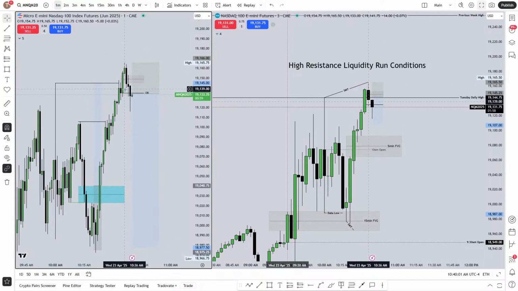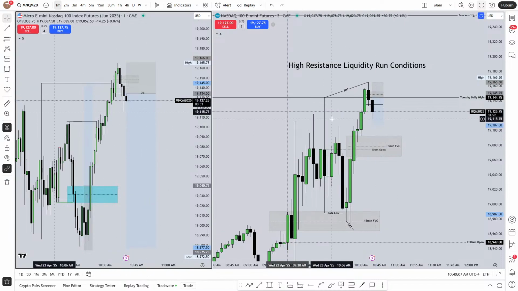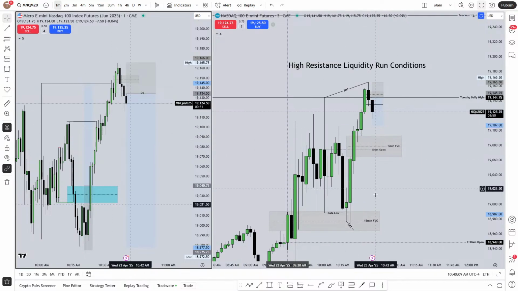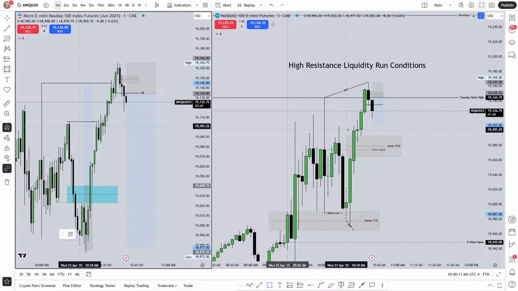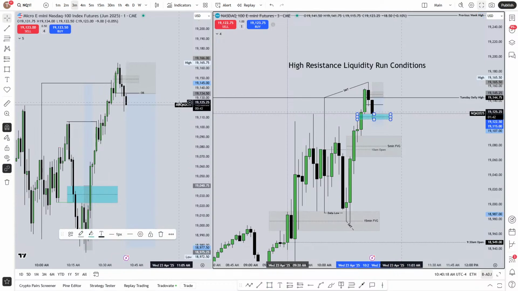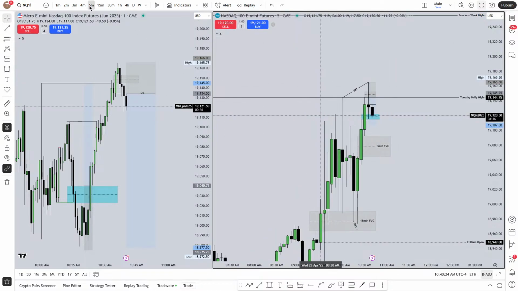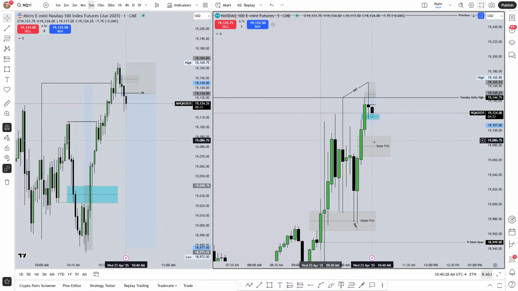It's honestly looking like the beginning of a sell model right here, but I would be upset if I took a short and it lost because of this 3 minute right here. So I like how 1 minute structure is looking. I like how we have an unfilled 5 minute right here.